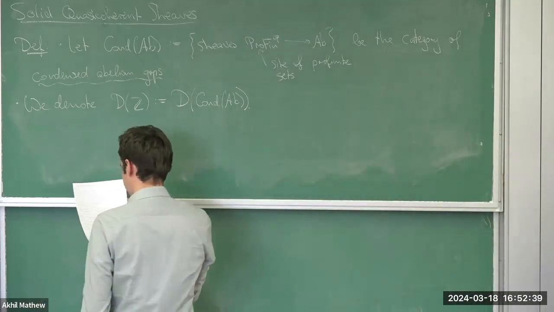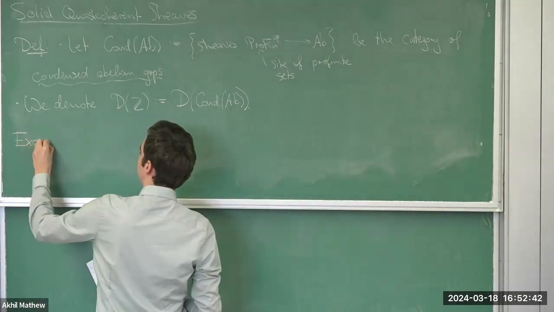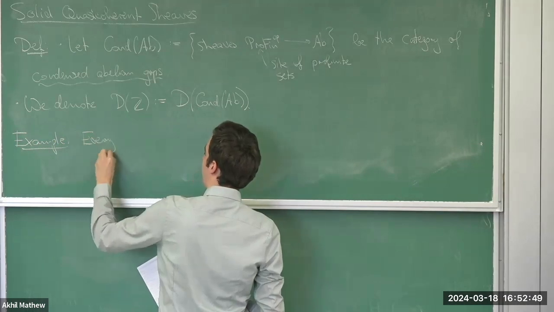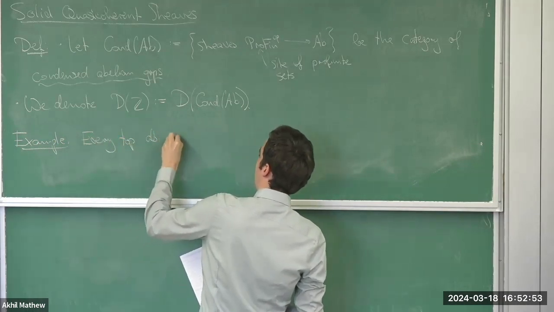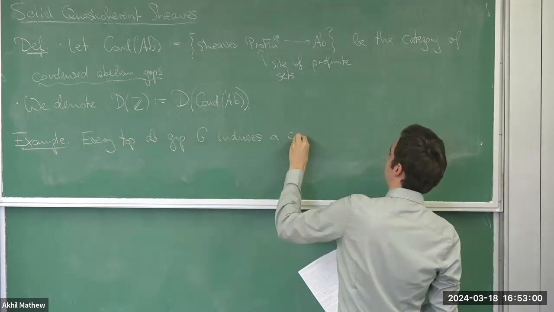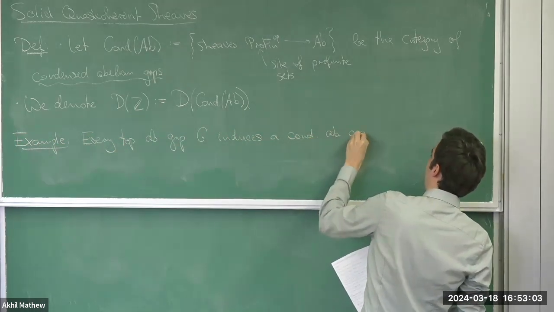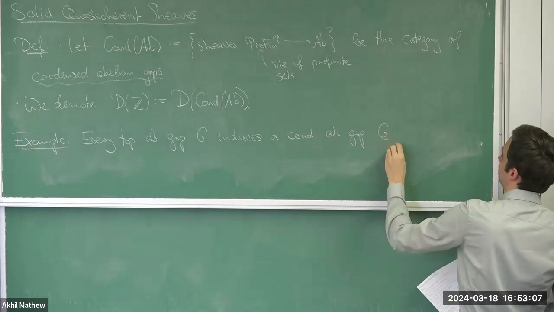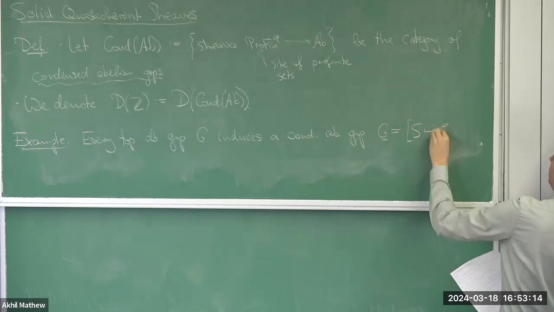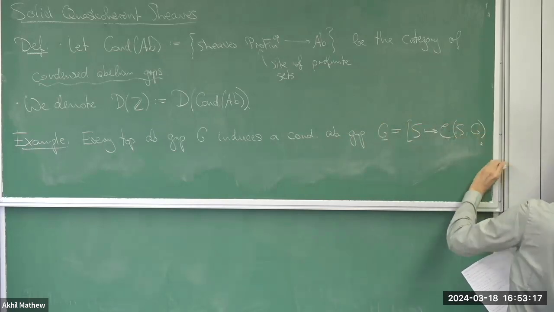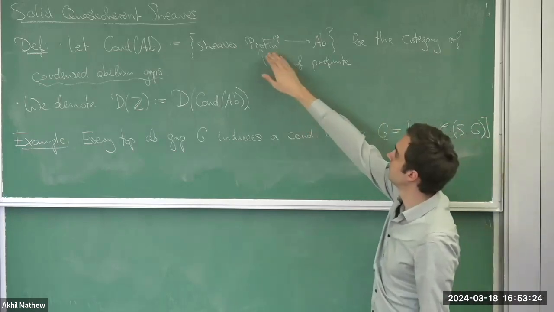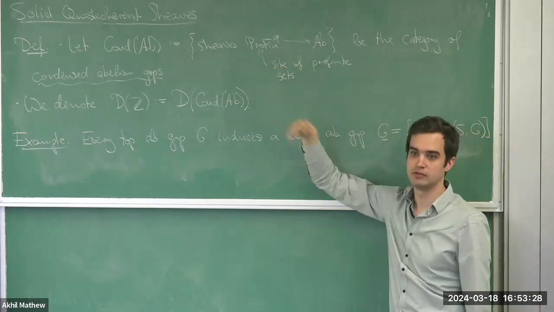But in fact, for example, every topological abelian group G induces a condensed abelian group, the underline, which is just a functor that sends a profinite set S to the abelian group of continuous maps from S to G. So somehow you should think of an element in here as capturing exactly what the continuous functions from profinite sets are.